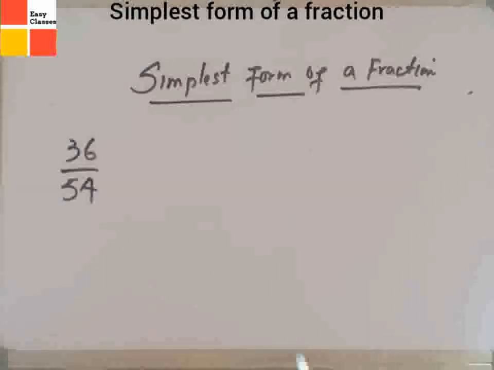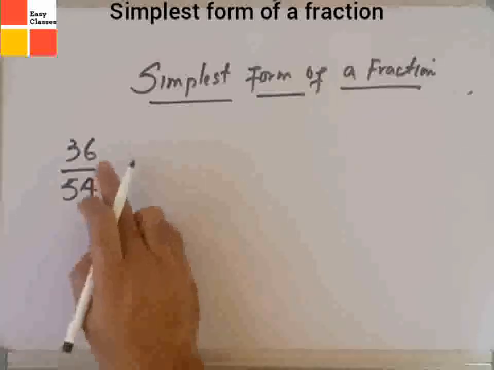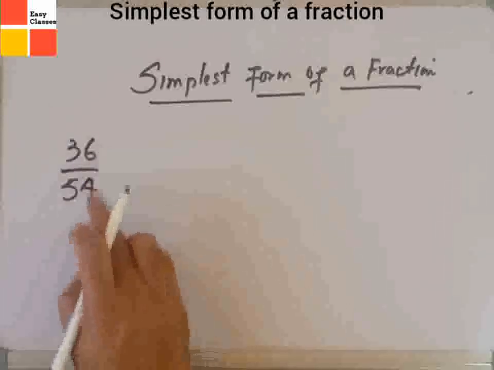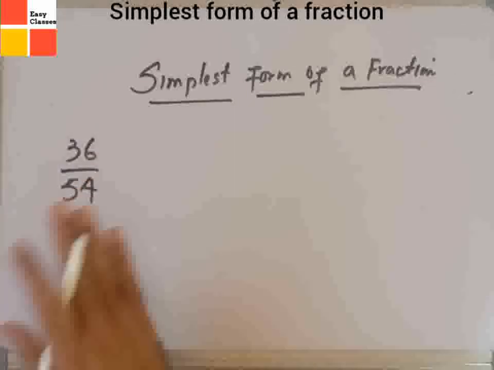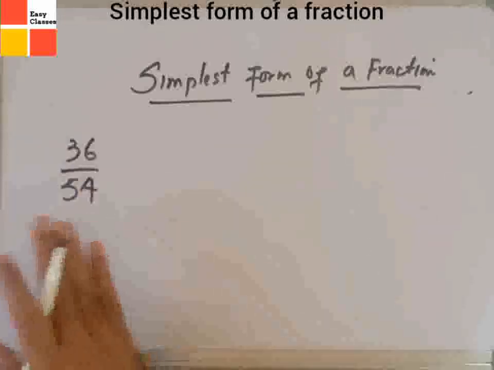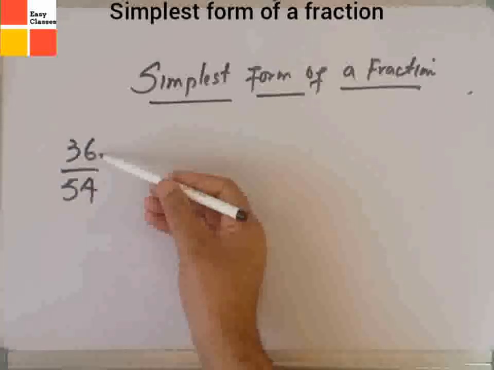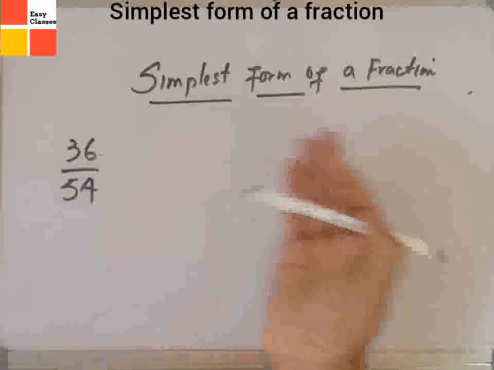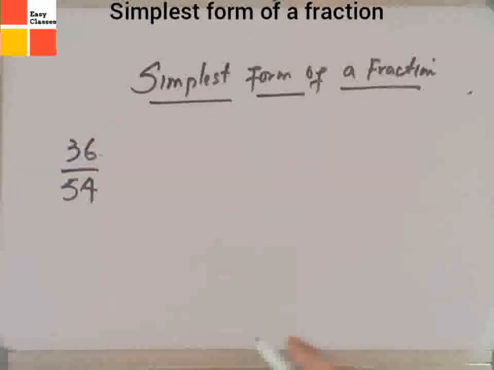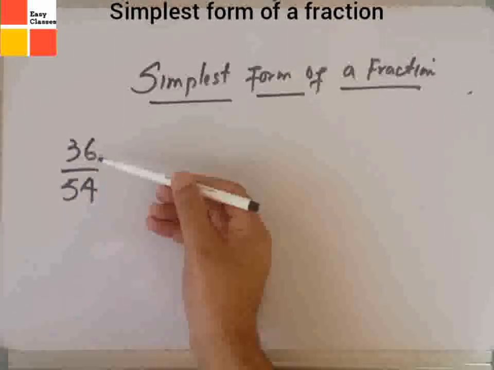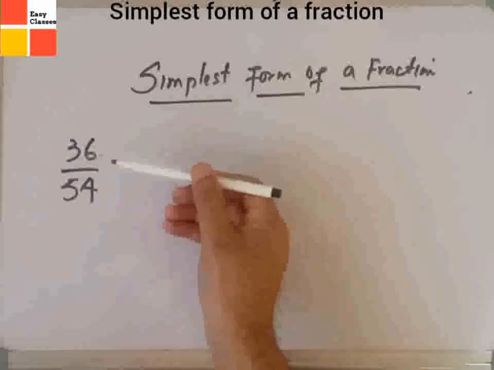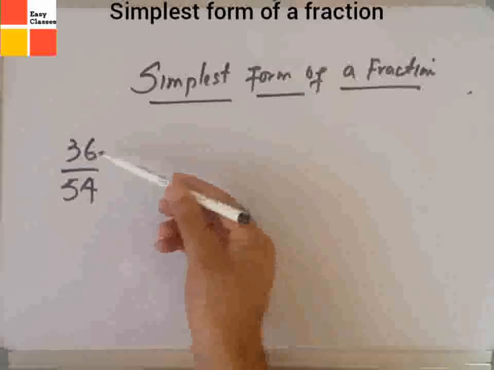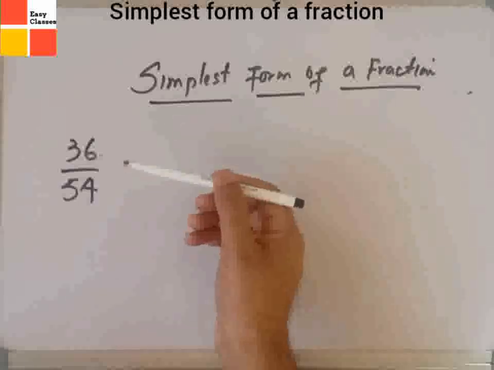I can say this is not in its simplest form because 36 and 54 can be reduced. Or we can say that 36 and 54 have some common factors other than 1.